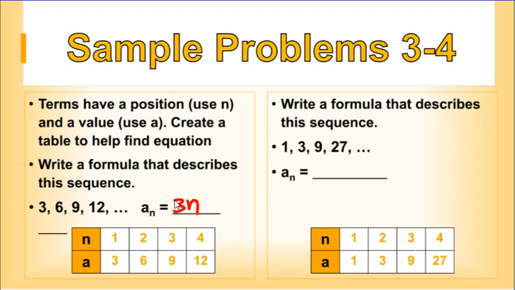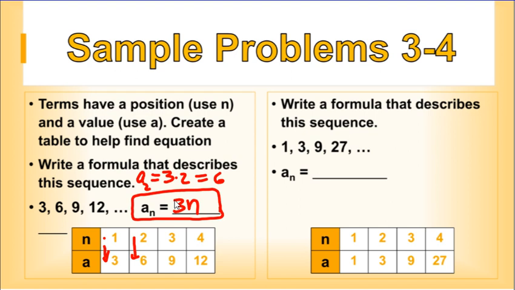And I can prove that: if I want to find the first term, I would take 3 times 1, and that would give me 3, which is what we have. If we were trying to find the second term, 3 times 2 would give us 6. And I can keep going down the road. So the formula would be a subscript n equals 3 times n.